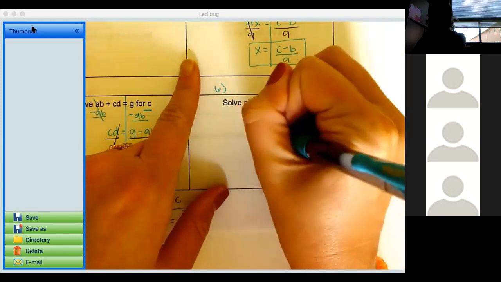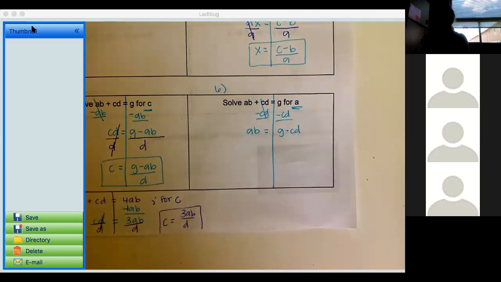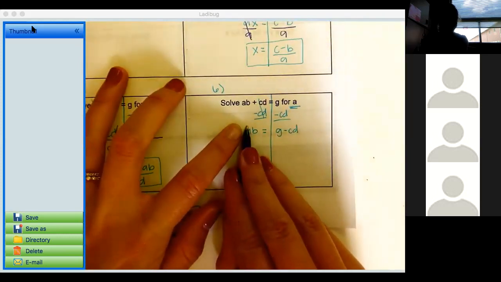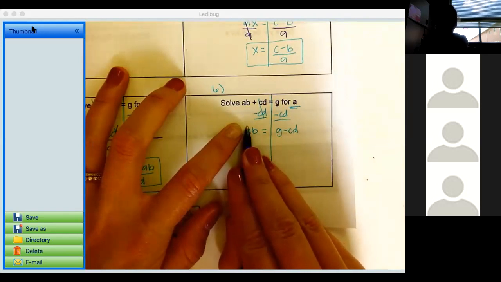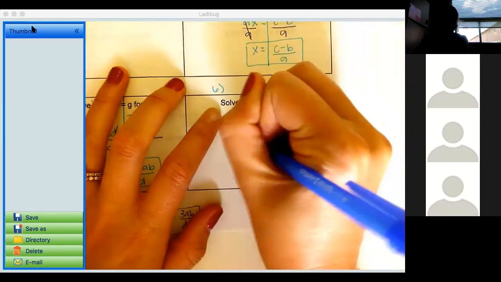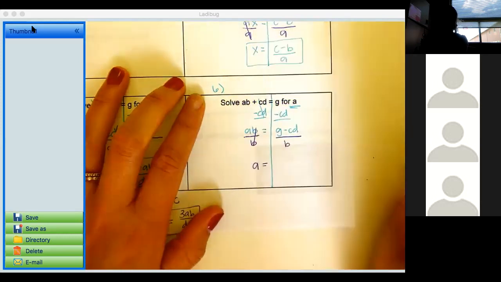So we're left with AB equals G minus CD. And then if I want A, I'm not going to move the A. That's what I'm going to keep. So I'm going to lock it in. What do I need to move? The B? How do you move that B? Good. Divide both sides by B. What's my answer? A equals what?